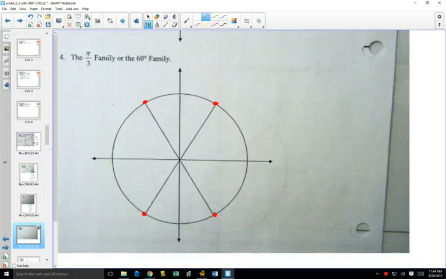Those are the points on our pi over 3 family, or 60-degree family. We'll start with our degrees. Well, I will put degrees and radians on there. So this is 60 degrees, pi over 3 radians. Again, I'll give you a 30-second head start for both of them.